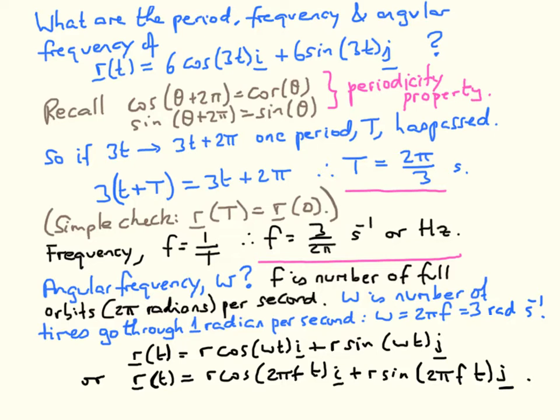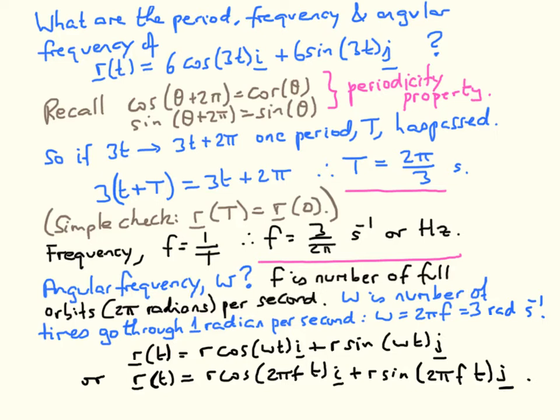So if we say 3t, that's the value here, increases by 2 pi, then this and this will be unchanged, and we're going to say that one period has passed because 2 pi is the smallest value after which you get back to where you started. So 4 pi, 6 pi, 8 pi, etc. would all be the same as where you'd started, but that would be 2 periods, 3 periods, etc.